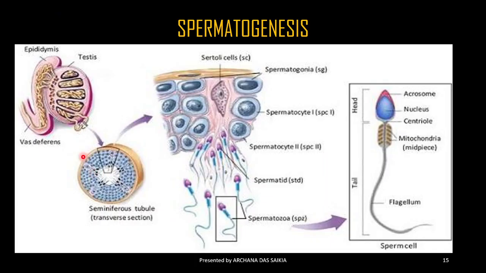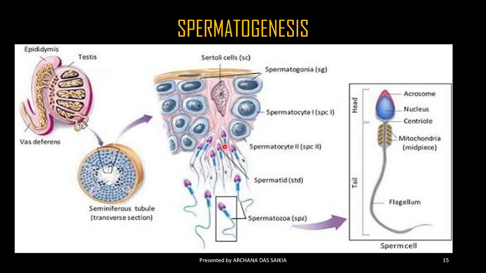Here again we have the same thing. This is the testes, these are the testicular lobules, epididymis, rete testis, vasa efferentia, and vas deferens, everything is located here. This is the seminiferous tubule, and this is how the spermatogonia have divided: primary spermatocyte, secondary spermatocyte, spermatids, and spermatozoa.